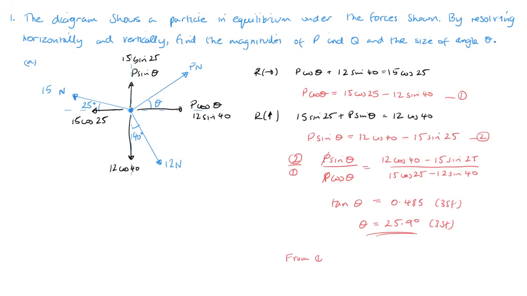So from 1, P equals 15 cos 25 minus 12 sine 40 divided by cos theta, and that gives me 6.54 newtons to 3 significant figures. So that is how to solve this one.